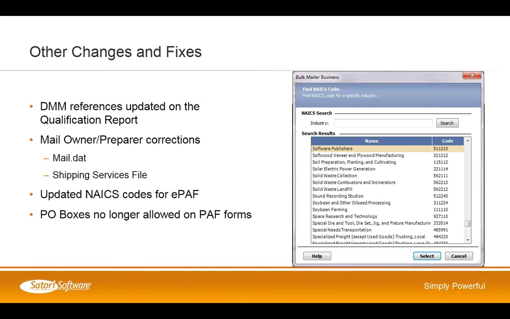It's just a code that represents the type of business that you're in. Those codes are updated periodically, so we just updated the list that's available inside Bulk Mailer. You can actually go in and search for your industry. I was able to search for software, and it brings up the software publisher's code there. So you should be able to use those right away.